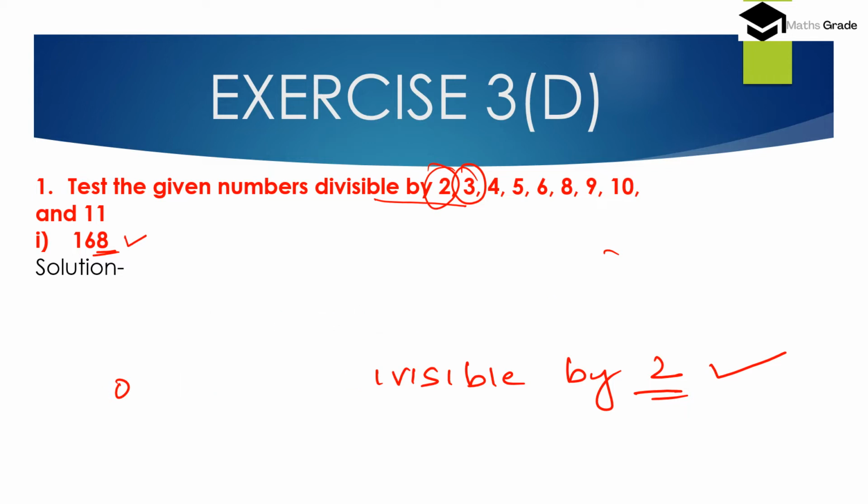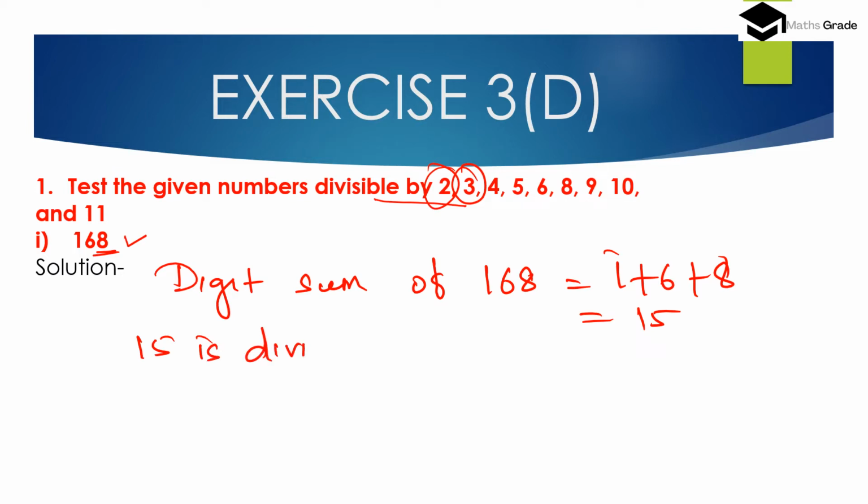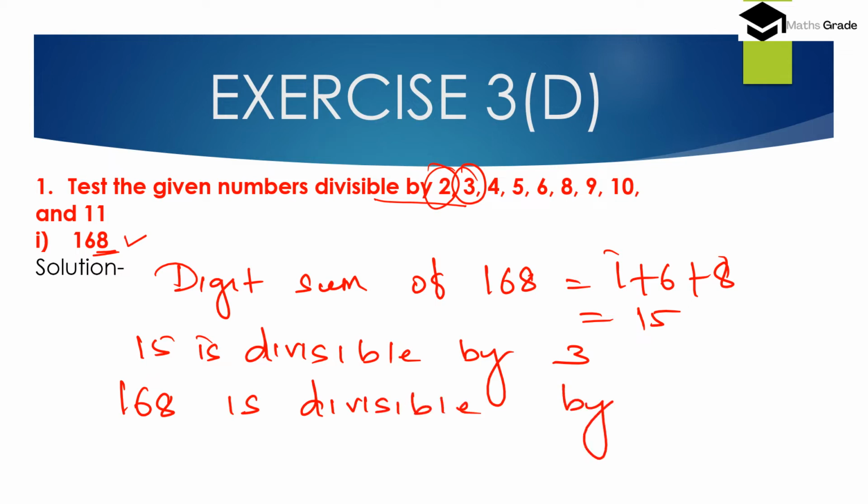The digit sum of 168 is 1 plus 6 plus 8. 1 plus 6 is 7, 7 plus 8 is 15, and 15 is divisible by 3. So 168 is divisible by 3.